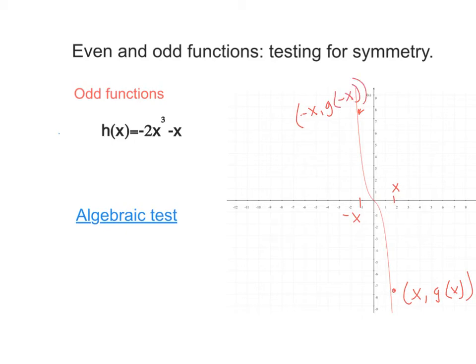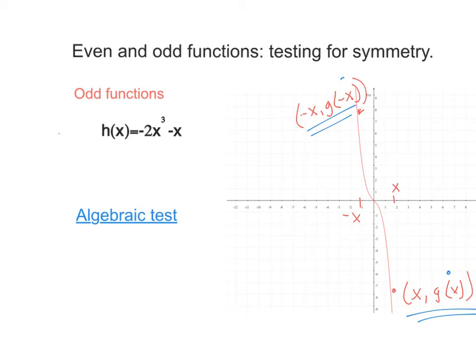So when I compare this ordered pair, x, g of x, to this ordered pair, negative x, g of negative x, I'm really concerned, how do the y values compare? Well, the y values are not the same like they were on an even function. They're exactly opposites.